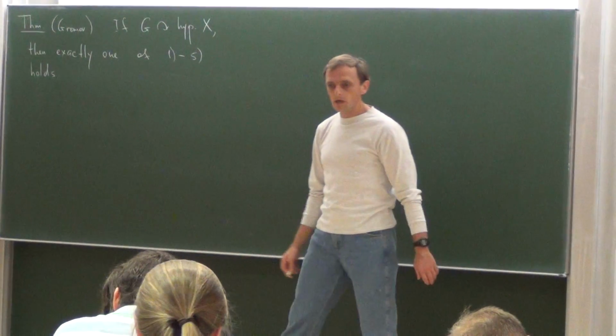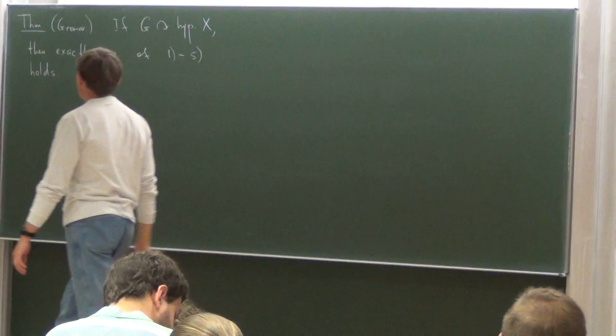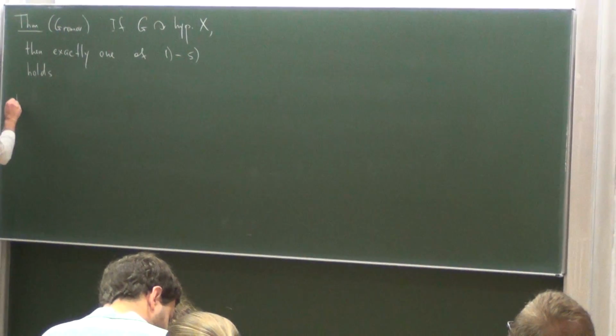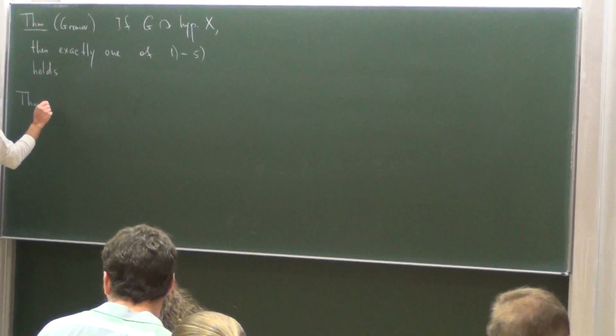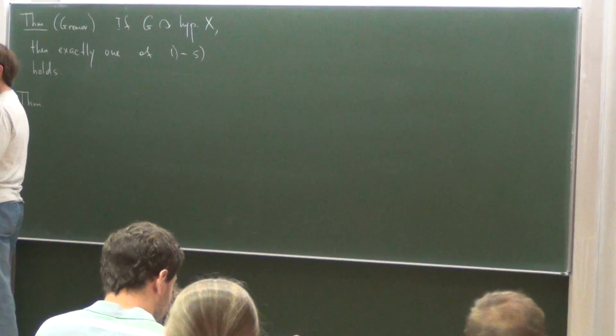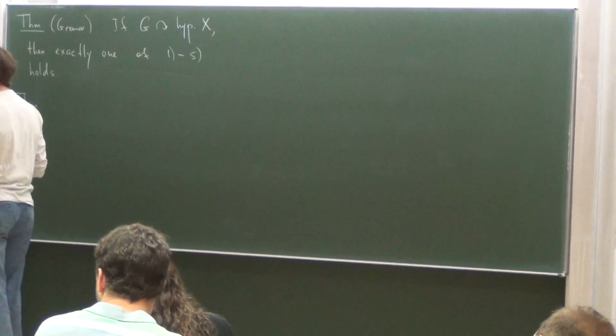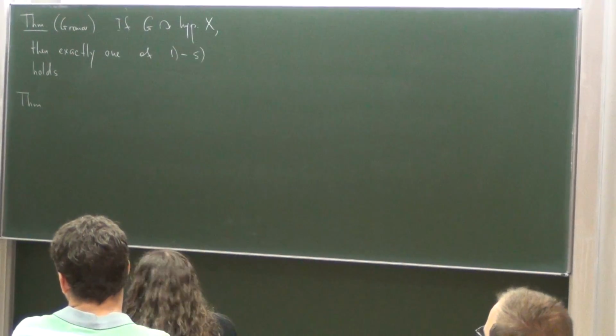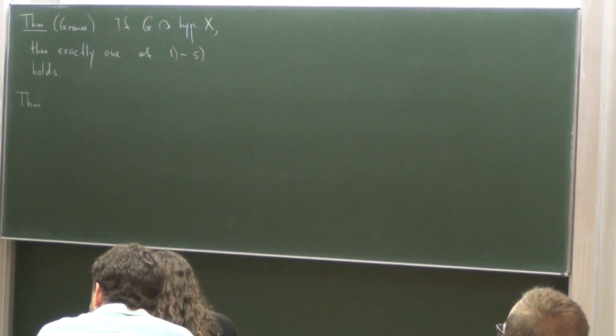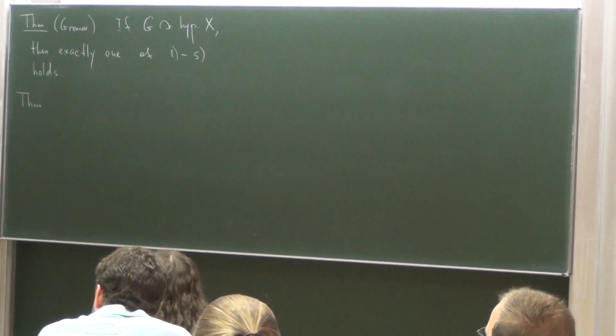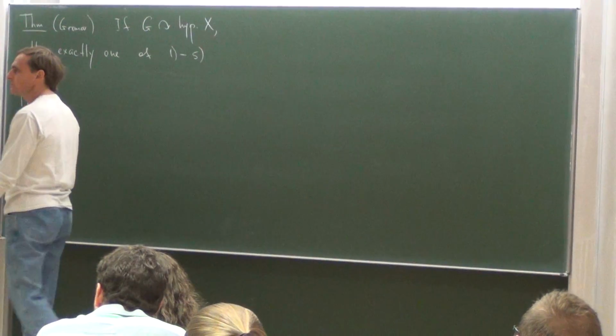So every action on a hyperbolic space is of one of these 5 types. Now, questions? The set of fixed points again is empty. Nothing is fixed.